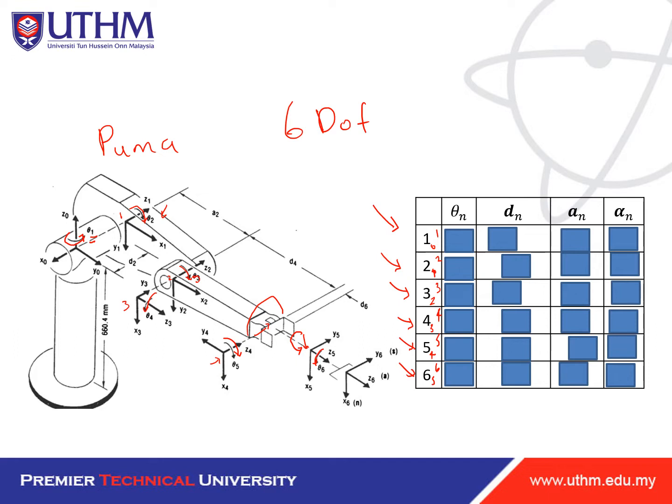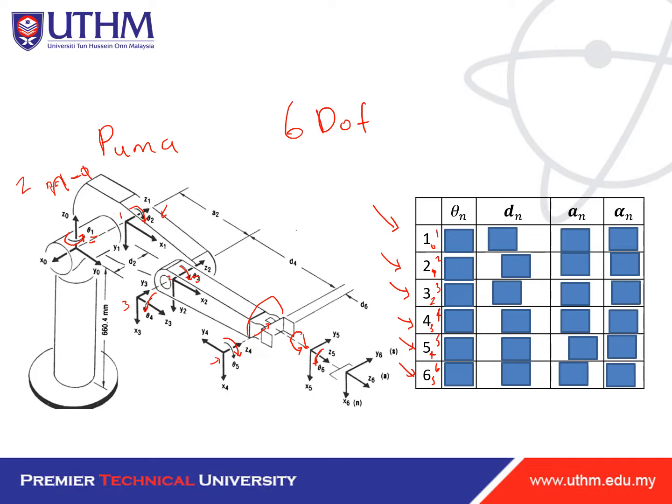So first, let's find the frame 1 parameters. For frame 1, we need to find the rotation on Zn minus 1. If n is equal to 1, so 1 minus 1 is 0.